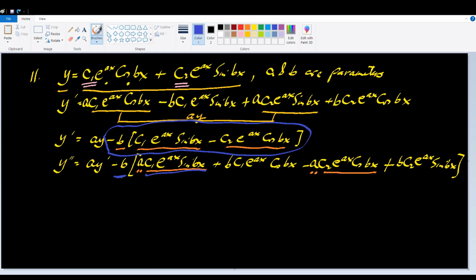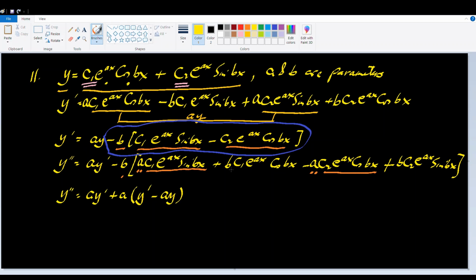Alright? So we shall write it now as y double prime equal to ay prime plus a times y prime minus ay. Okay? This entire thing, negative b times the quantity, is equal to y prime minus ay.